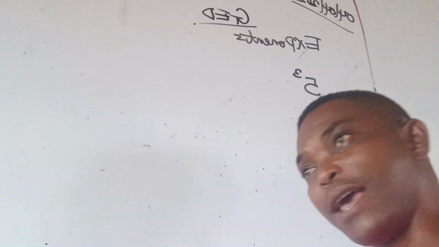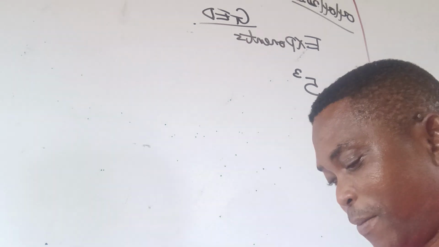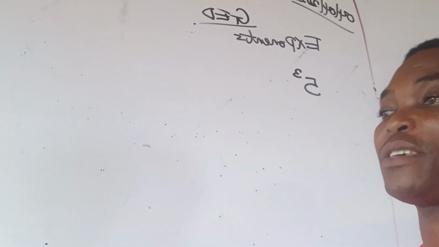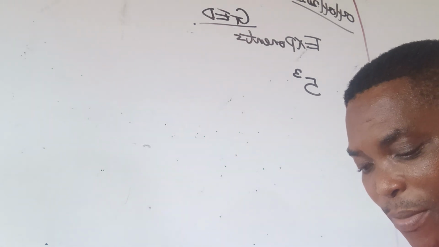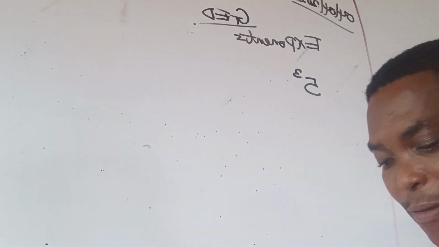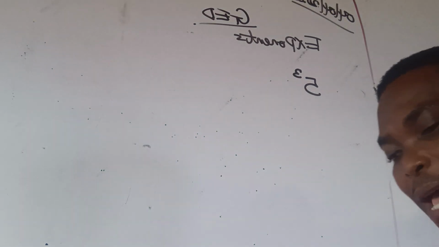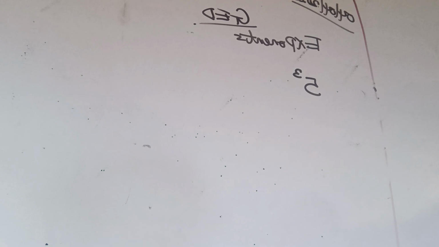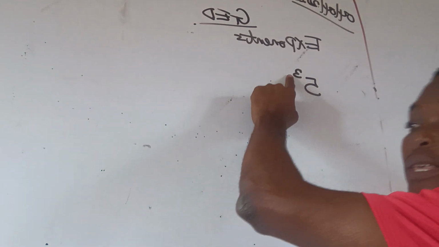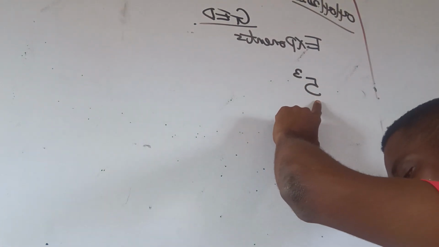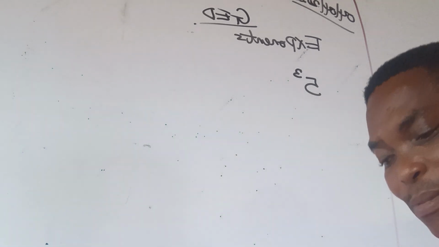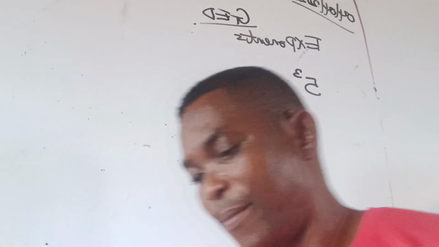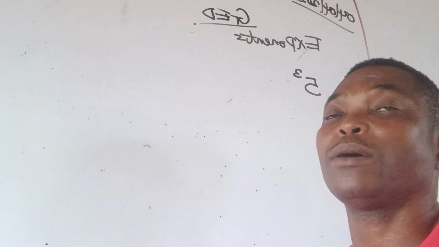It's the same thing as 5 being raised to the power of 3, or 5 cubed. It has a base of 5 and an exponent of 3, or power of 3. So the exponent tells us how many times the base should appear in the multiplication process.